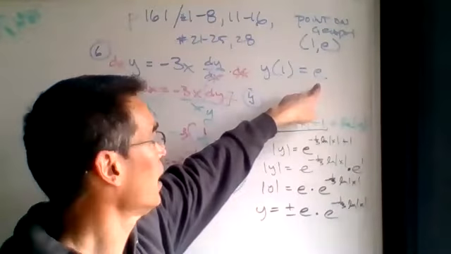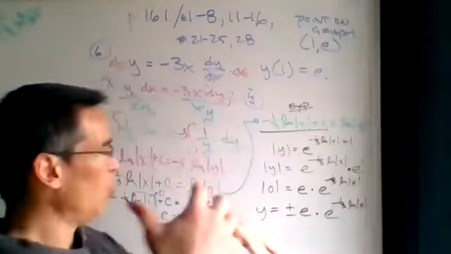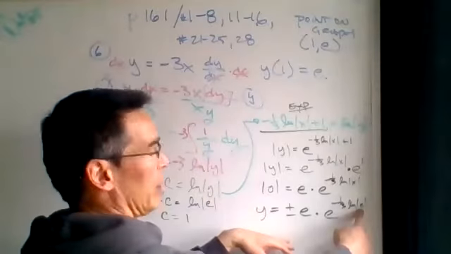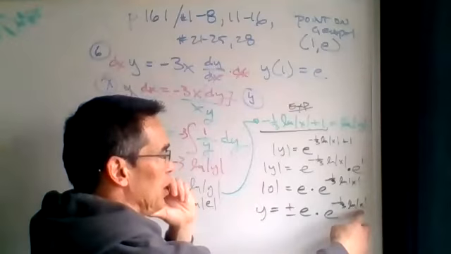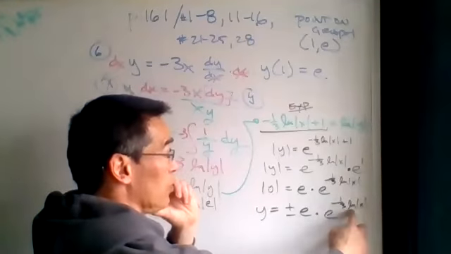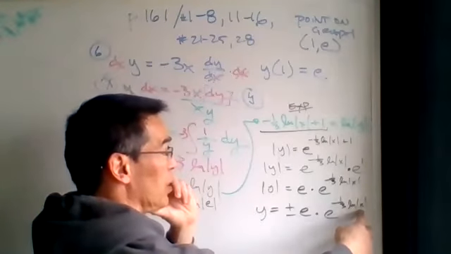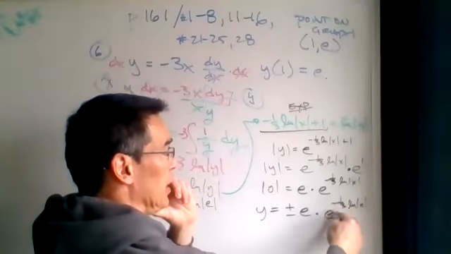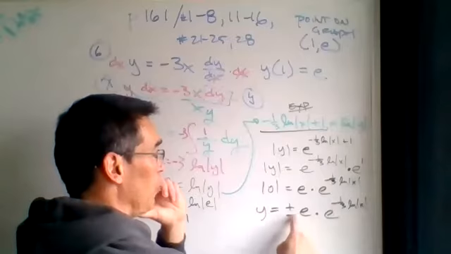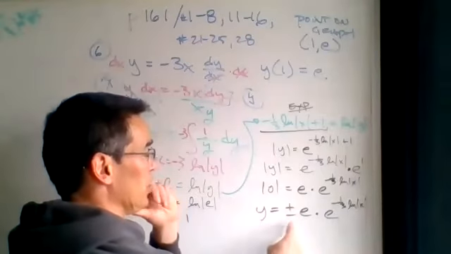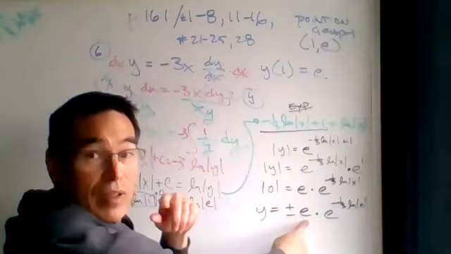So let's put one in here for x. That means the natural log of 1 is 0, so my exponent is 0. E to the 0 power is 1. So 1 times what will give me e out? So this has to be the positive e.